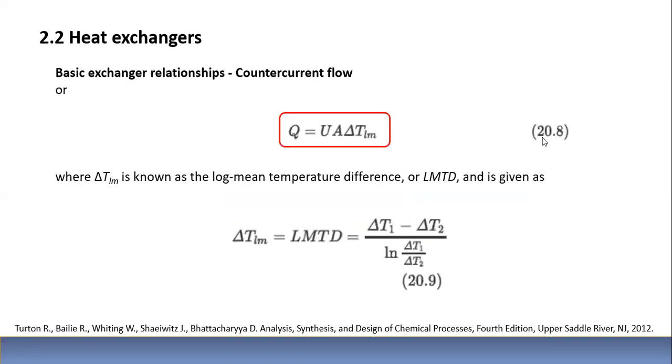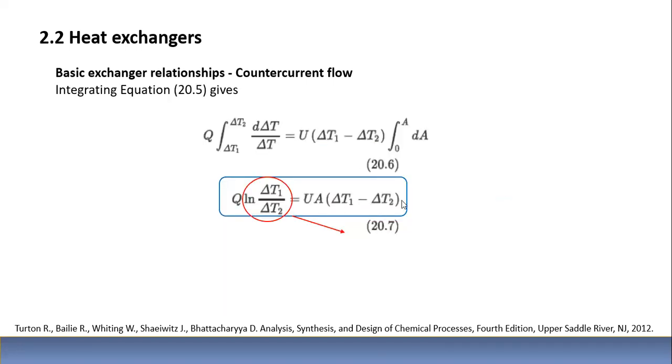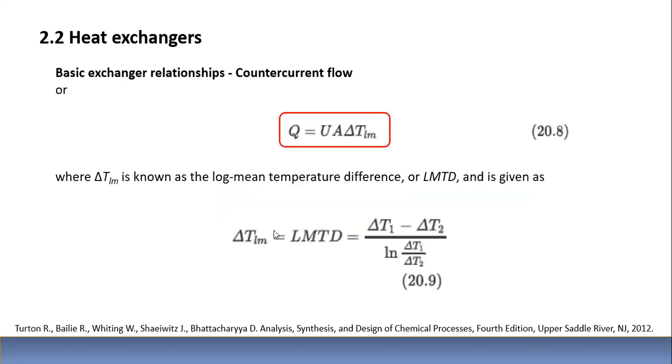So we will have expression 20.8, where this term, the difference divided by this logarithmic term, is called the logarithmic mean temperature difference, as you see expressed right there. Delta T LM is known as the log mean temperature difference and is given by these equations.